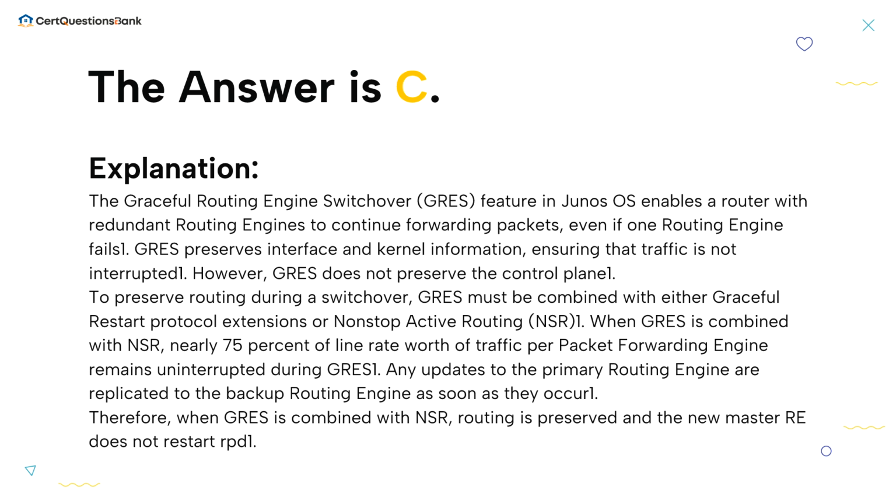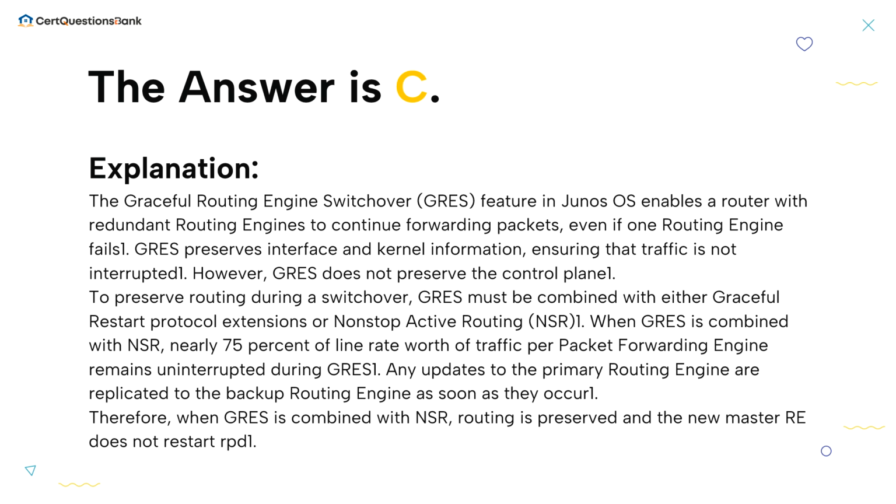To preserve routing during a switchover, GRES must be combined with either graceful restart protocol extensions or non-stop active routing (NSR). When GRES is combined with NSR, nearly 75% of line rate worth of traffic per packet forwarding engine remains uninterrupted during GRES.